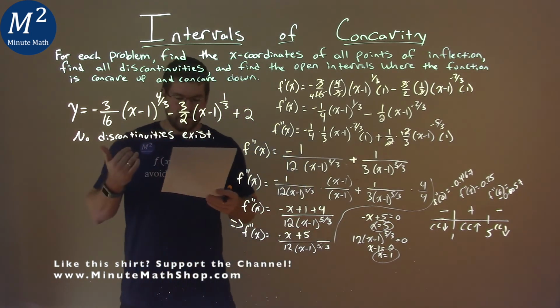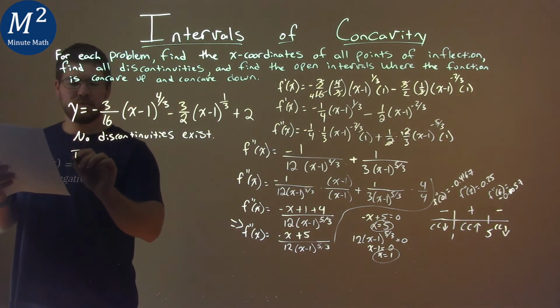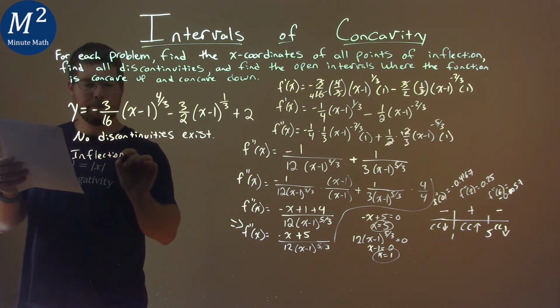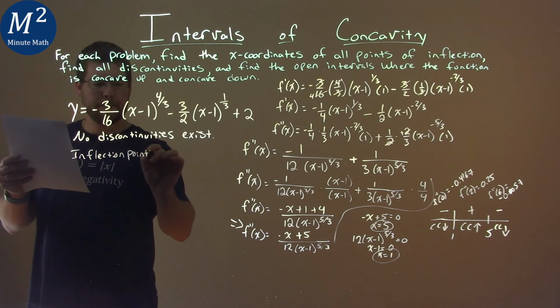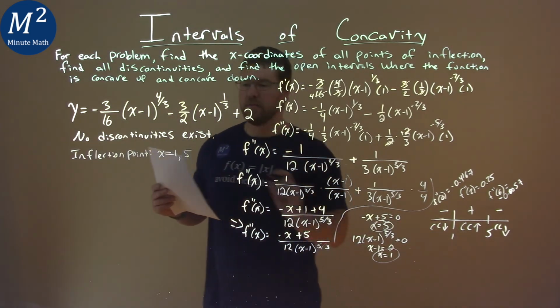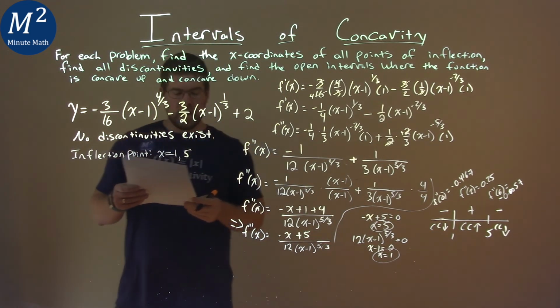All right. So we have inflection points at x equals 1 and 5, because look, we are changing concavities at 1 and 5. Good to note there. Okay.